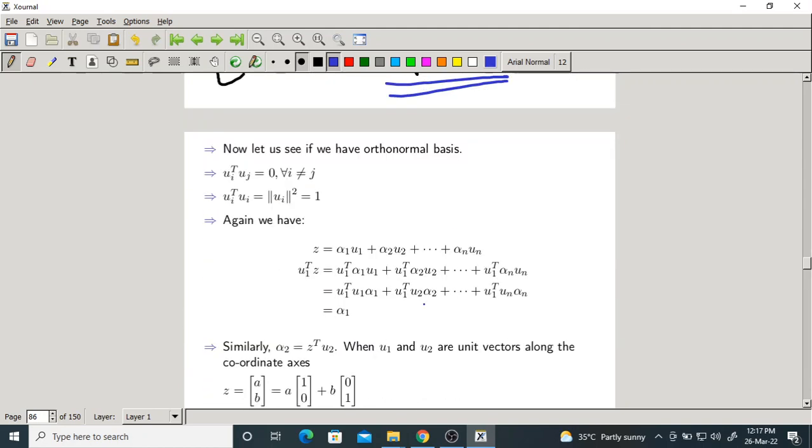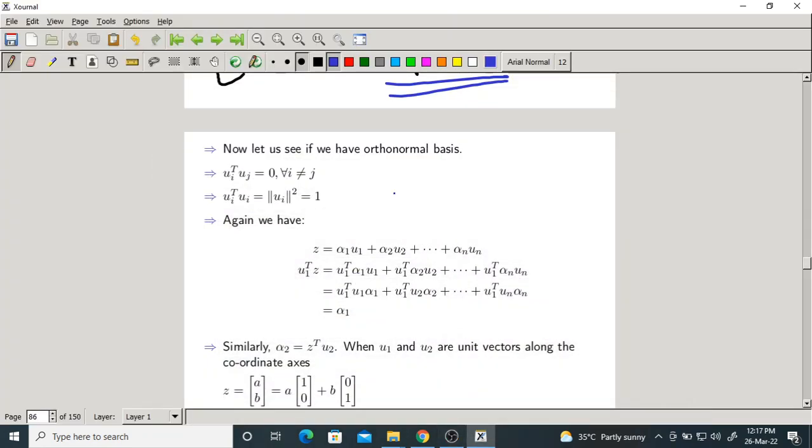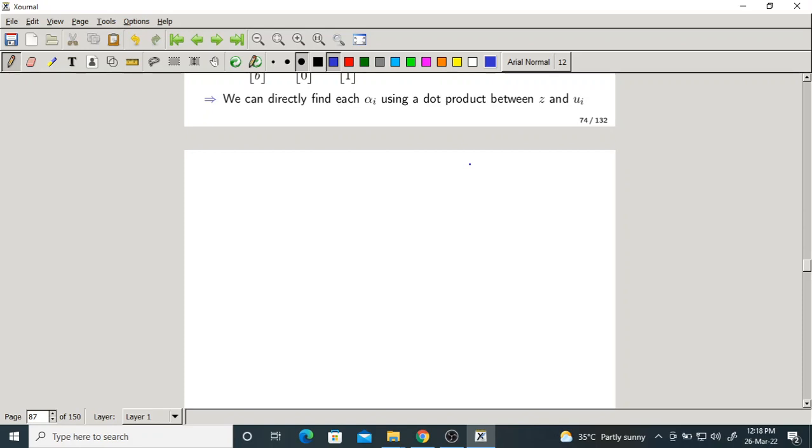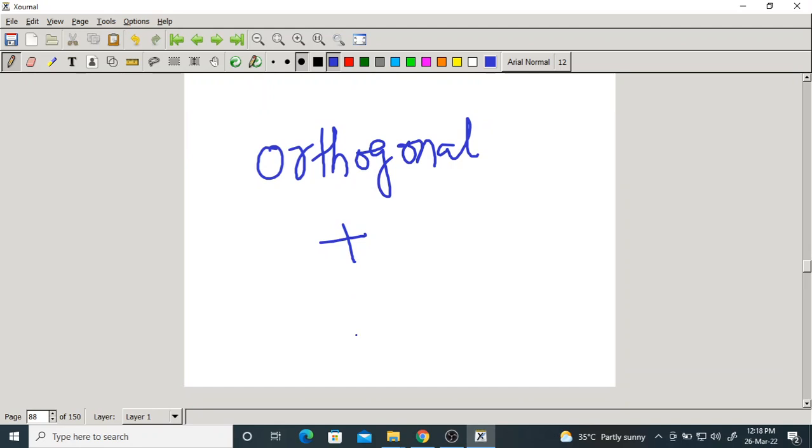Now let us see if we go with one more special condition, that is orthonormal. You know already orthonormal. Orthonormal means what? Orthogonal plus unit energy. We have studied these things in our ADC course.